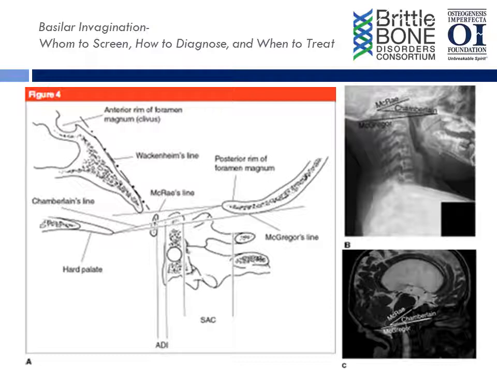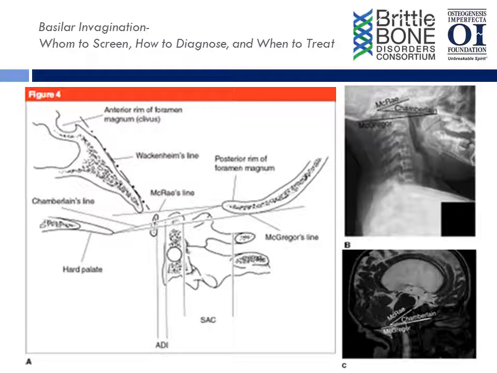If that gets obstructed, sometimes it can result in a cyst formation in the spinal cord, such as seen at the bottom of figure 4C, where that patient has pretty severe basilar invagination and has formed a syrinx in the spinal cord, or excess fluid in the middle of it.